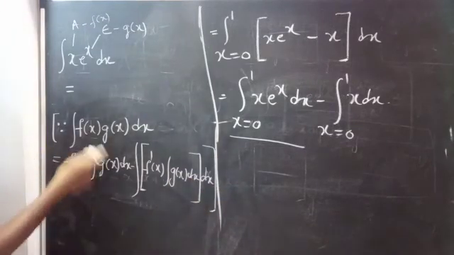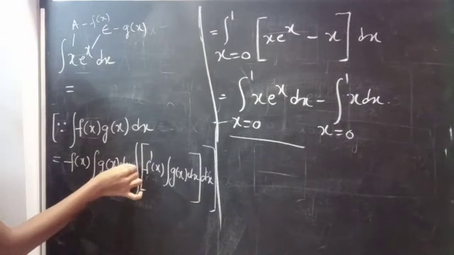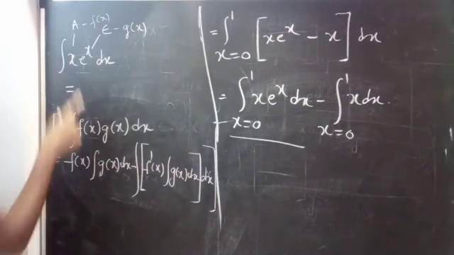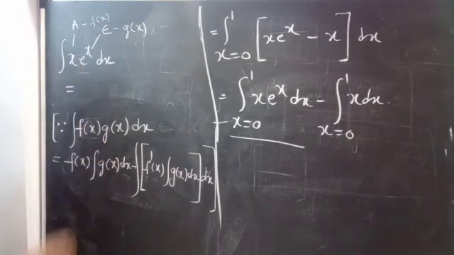Okay, so this is the integration by parts formula for the product of two functions. So now here you'll take f of x equals x and g of x equals e power x.